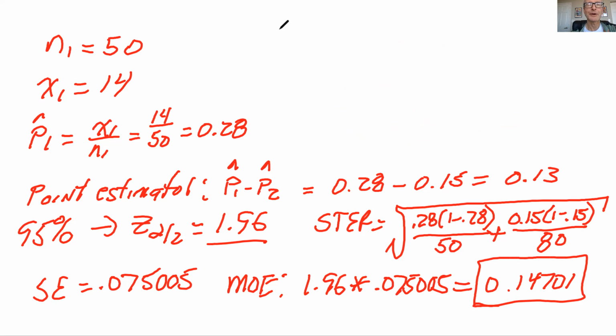So what is our lower bound? Well, our lower bound would be our point estimator, which is 0.13, minus our margin of error, which is 0.14701.